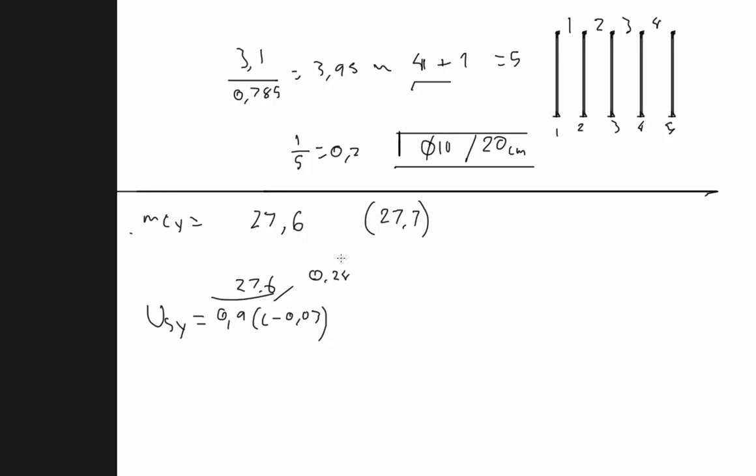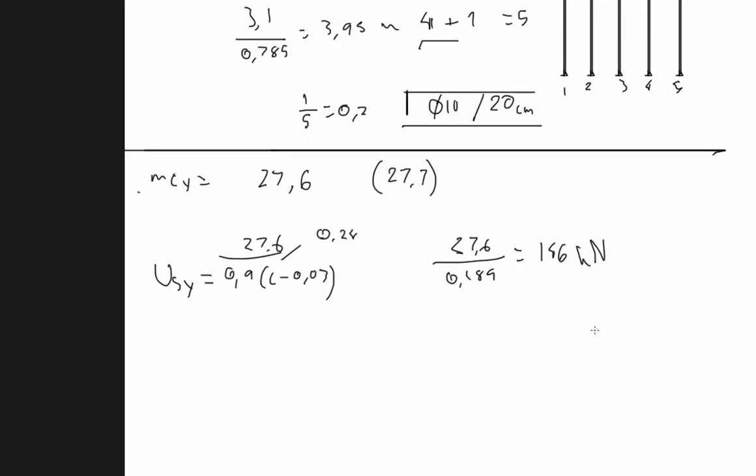So I assume, so let's see, 0.9 times 0.21. This is more or less 27.6 divided by 0.189. 27.6 divided by answer is equal to 146 kilonewtons per meter, maybe.